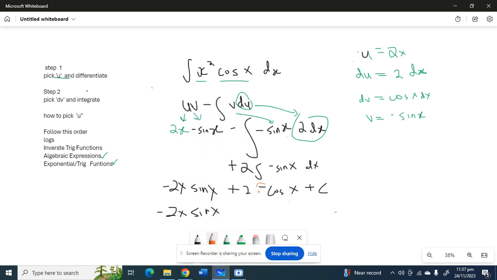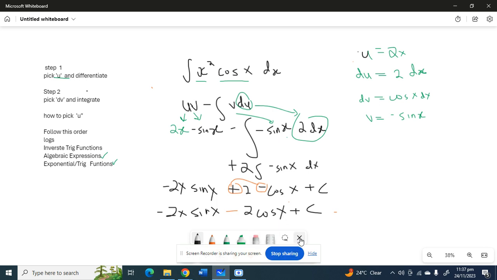So this negative and this negative form a positive, so it's plus 2x cos x plus c. So that is our answer.